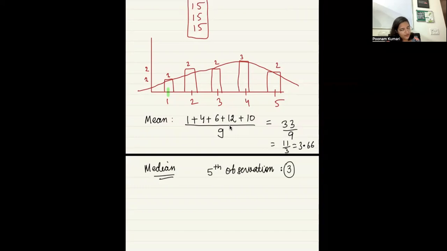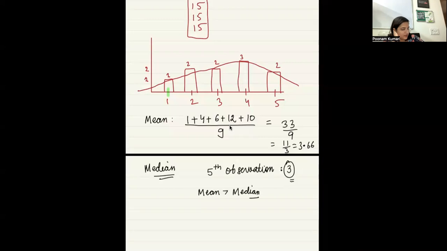So what do we have here? Which is lower, which is higher? Oh, ma'am, mean is greater than the median. Yeah, mean is greater than the median. 5 to 10, 3, 4, 12, 3 to 6, 4 and 1.